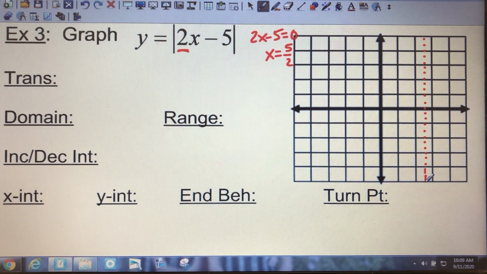That means this graph goes to the right 5 halves, or 2.5. Okay, now we did not move this up or down, we didn't flip it, so my key point is right there. Okay, that happens to be the turning point.